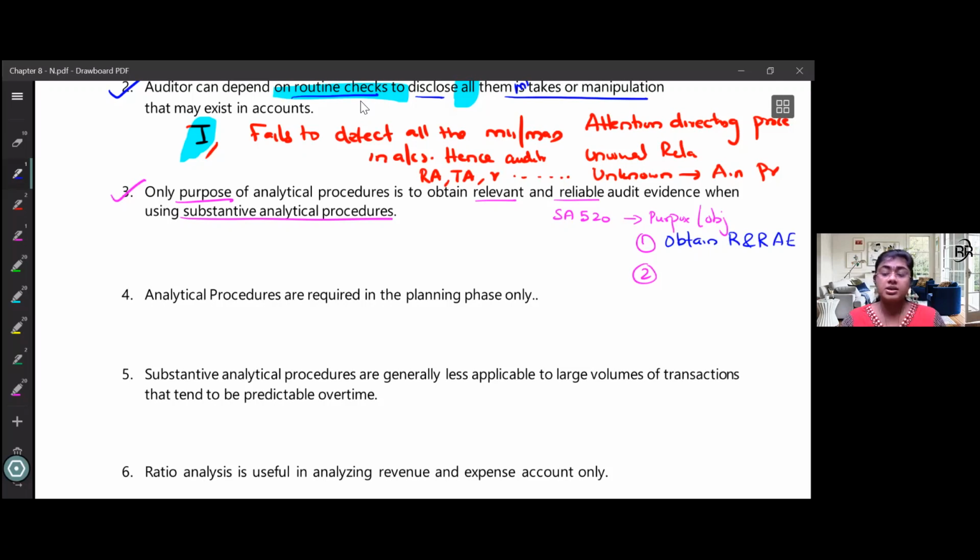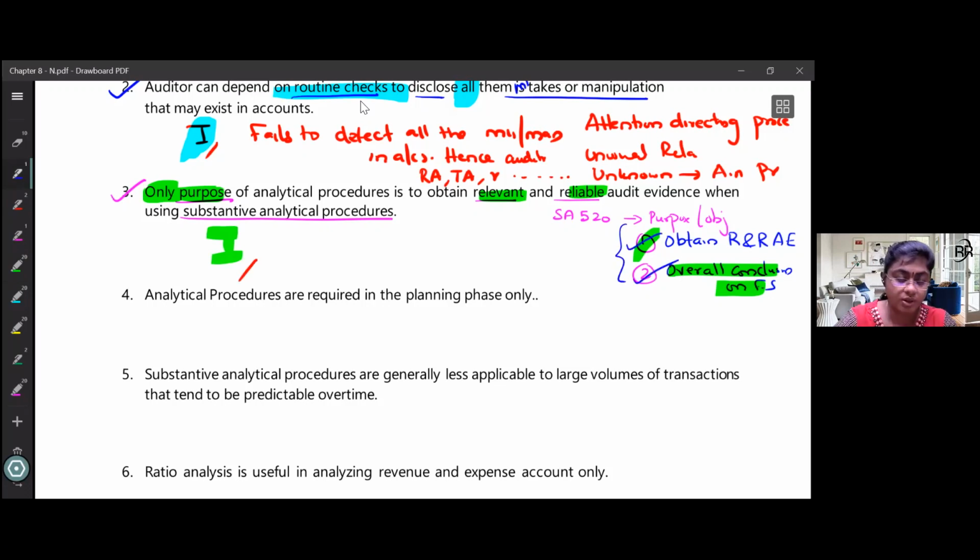But not only that, it also helps the auditor to arrive at the overall conclusion on FS. So here they say the only purpose is to obtain this evidence. Where did this go? So answer is incorrect. You will write this. As per SA 520, the purpose is these two. If this word only was not there, then it would have been correct.